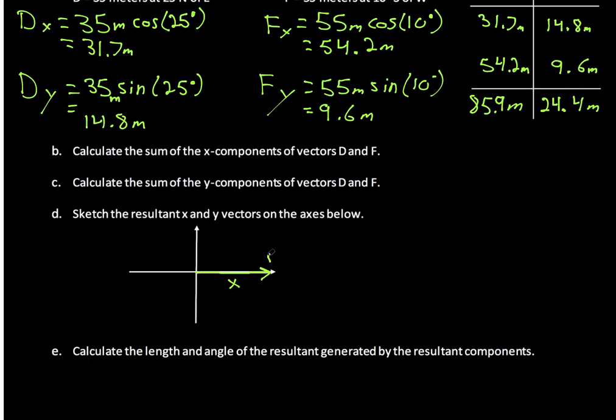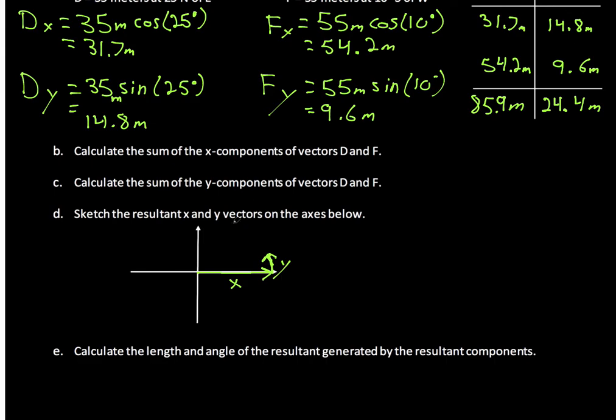I'm going to go maybe this high just to estimate my y component. I'll draw my resultant in red. It goes from the tail of the first to the tip of the last vector that I drew, if I'm adding them, which I am. So that's what my resultant vector looks like.